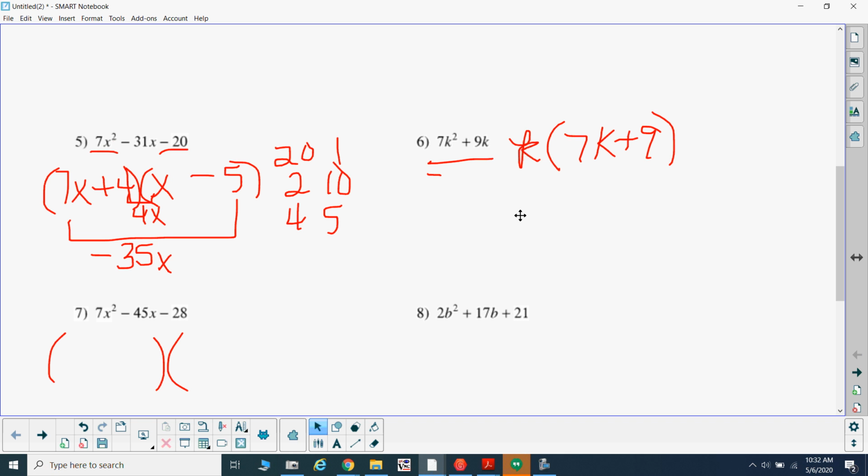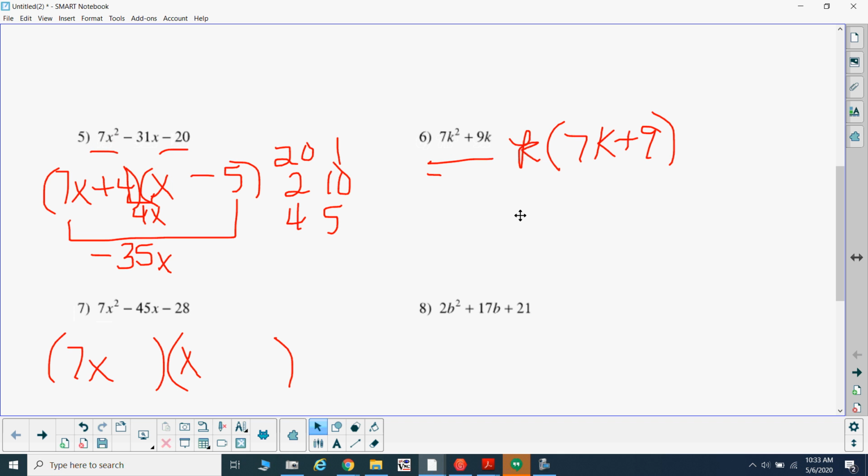Again, I know I have one that's going to be a 7x, one that's going to be x. I know my signs are going to be different because of the negative in front of the 28; to multiply together and get negative 28, one has to be negative. So I'm looking at factors of 28. I know I want to get a kind of big number in the middle, so I'm going to multiply 7 times something kind of big.